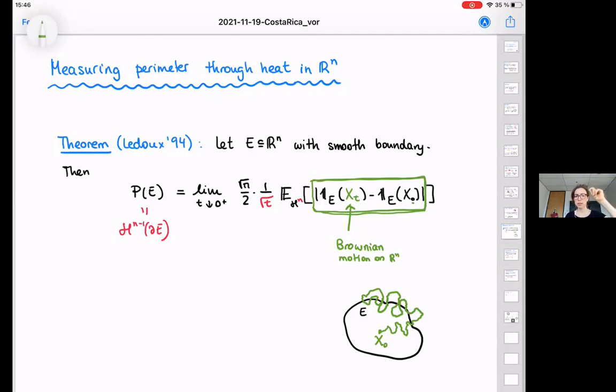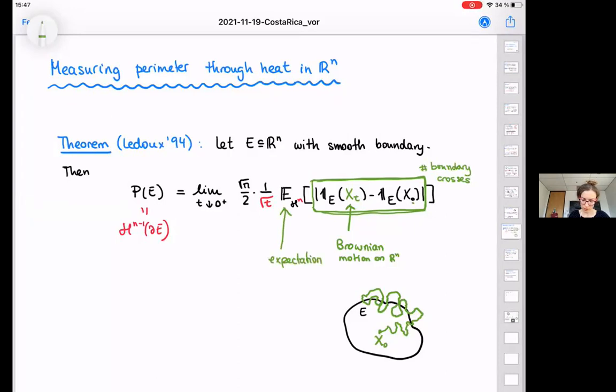This is what it's counting. So these are, in some sense, boundary crosses. But this is random, right? And because all this is random, what I am doing is taking the average, the expectation. So the expected number of boundary crosses. So this is the expectation.